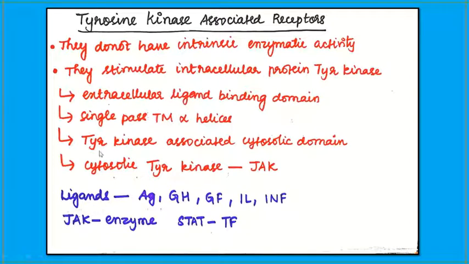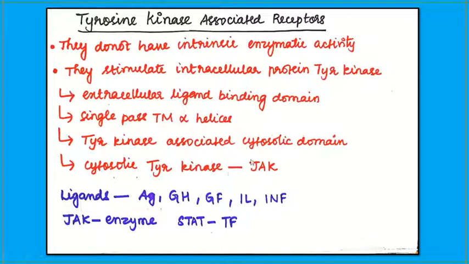It will have a tyrosine kinase associated protein present in the cytosolic domain, and the protein present in the cytosolic domain which has tyrosine kinase activity is called JAK. The full form of JAK is Janus kinases.